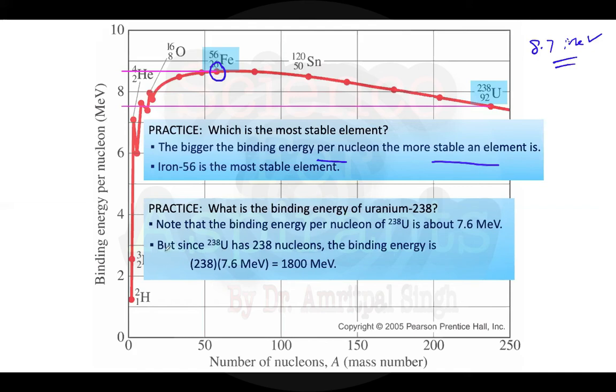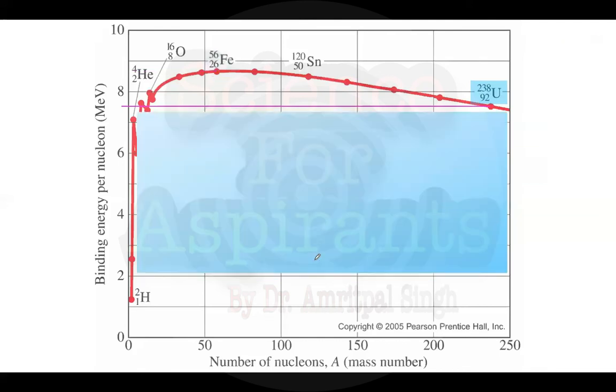Since uranium 238 has 238 nucleons, and the binding energy of one nucleon is 7.6 mega electron volt, one uranium atom has an energy of around 1800 mega electron volt. That's why huge energy is released when there is a nuclear fission reaction.